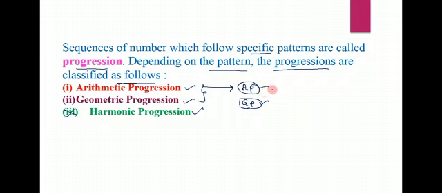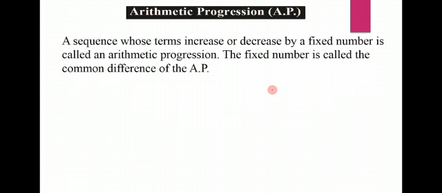Let us see the definition of arithmetic progression. A sequence whose terms increase or decrease by a fixed number is called an arithmetic progression.